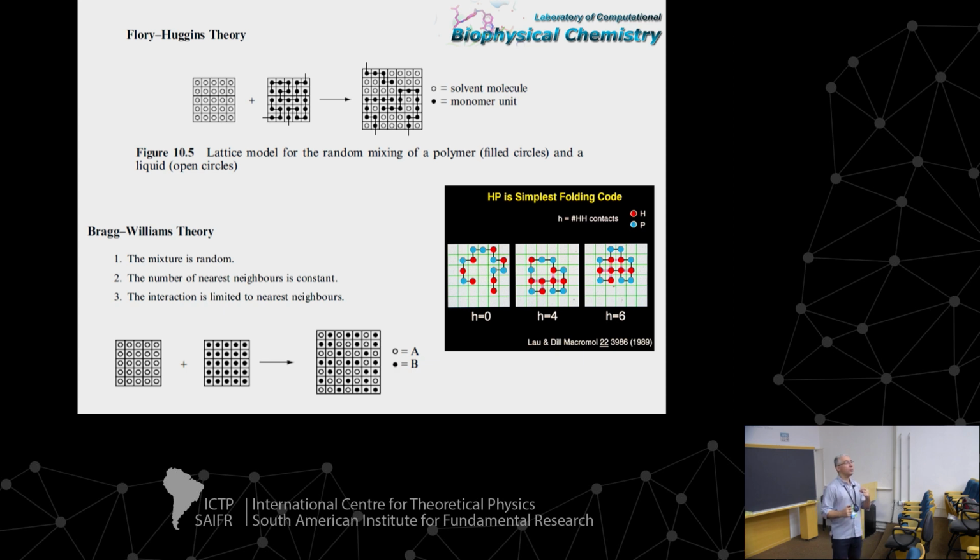So if I would like to study something that has a long-range interaction, can I use a model that assumes that just the first neighbor is going to give me an answer? I can only do this if I'm working at a very high salt concentration where I'm able to screen out all the electrostatic interactions. Otherwise, this model is never going to work. So these are the kind of things that we have to keep in mind when we select models. That's why I think this is also good as an illustration.